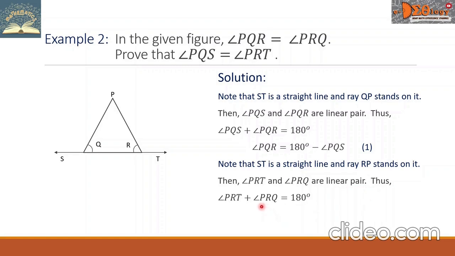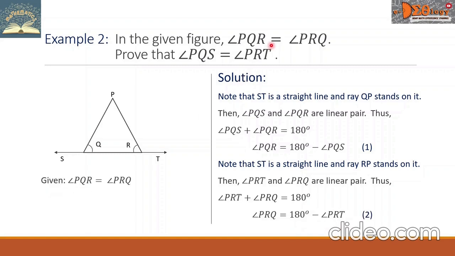So we can isolate the angle PRQ. This angle PRT we transpose to the right. So the angle PRQ equals 180 degrees minus angle PRT. Let this be equation 2.